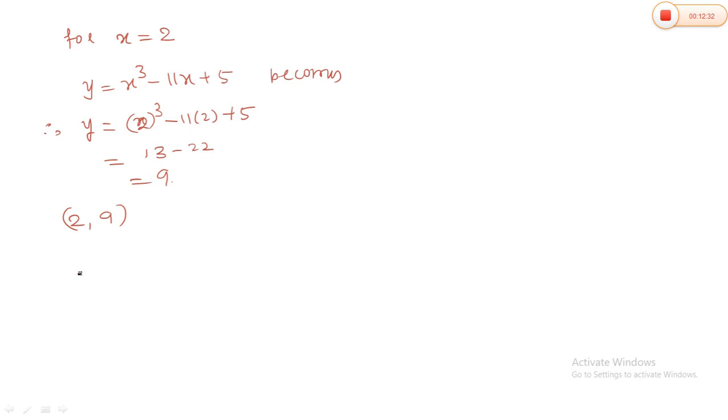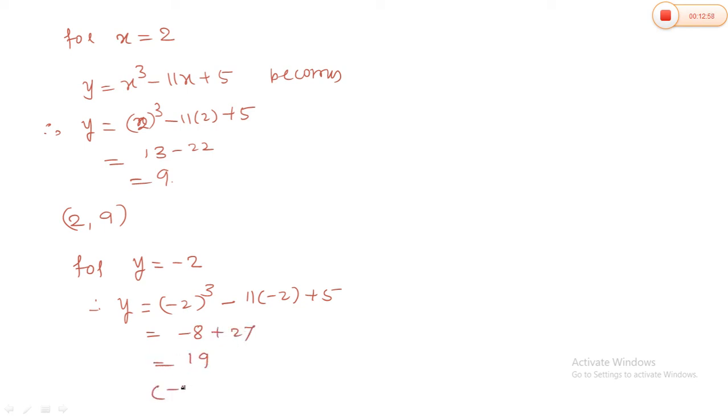Similarly for x equal to minus 2, y equals (minus 2) cube minus 11 into minus 2 plus 5, so this is plus 22, minus 8 plus 27, which equals 19.